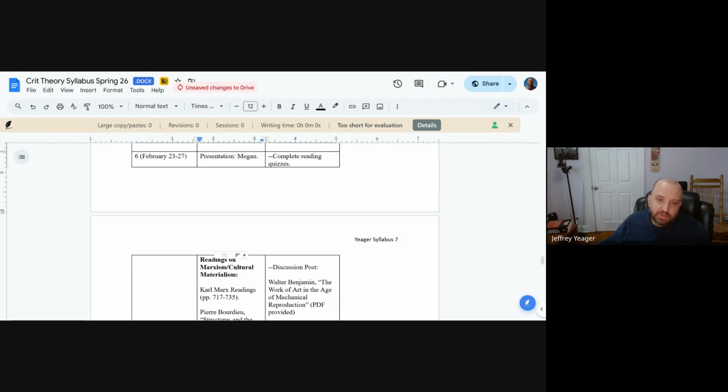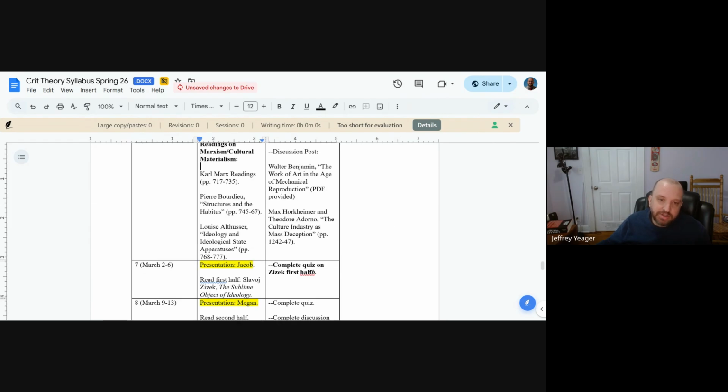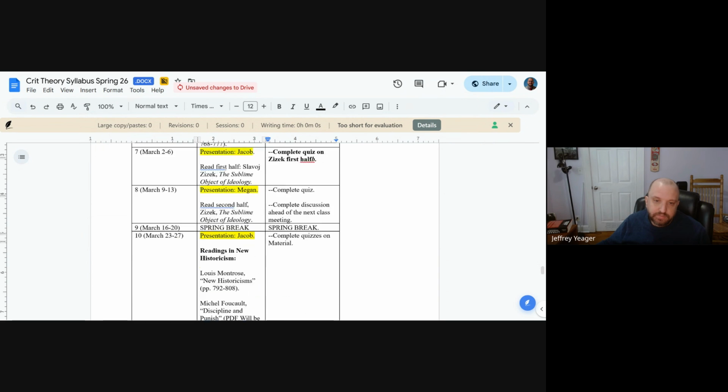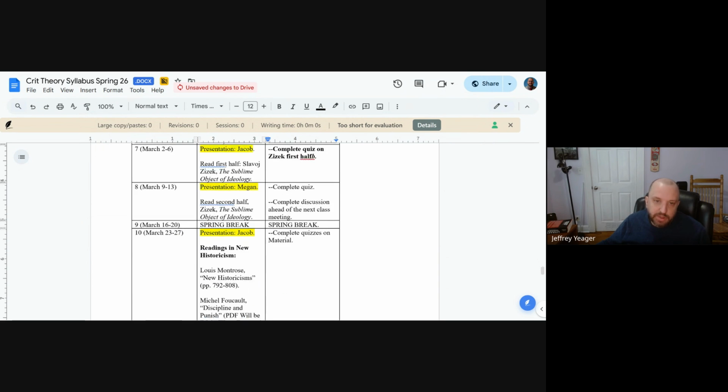Week 6 will be Marxism and cultural materialism. We'll read a little bit from Marx himself, then Bourdieu and Althusser. And you will read two pretty interesting articles about the culture industry for the discussion. Weeks 7 and 8, we will read the Gilbert and Gubar book.